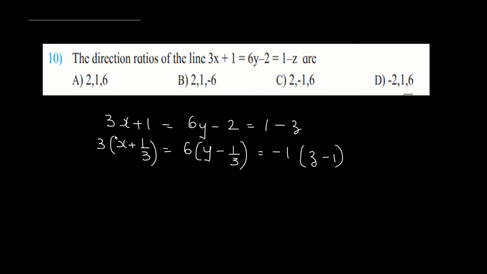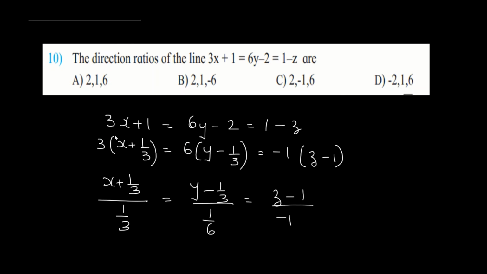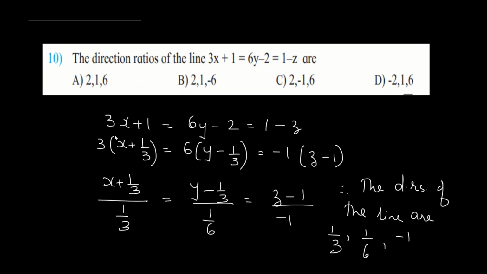We take these coefficients to the denominators. So it becomes x plus 1 upon 3 upon 1 upon 3 is equal to y minus 1 upon 3 upon 1 upon 6 is equal to z minus 1 upon minus 1. Therefore, the direction ratios of the line become 1 upon 3, 1 upon 6 and minus 1.